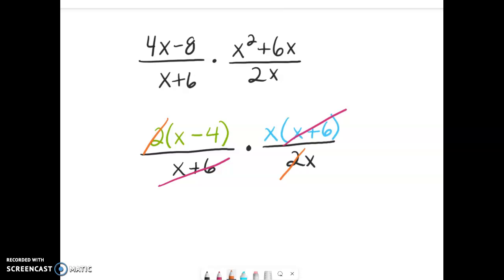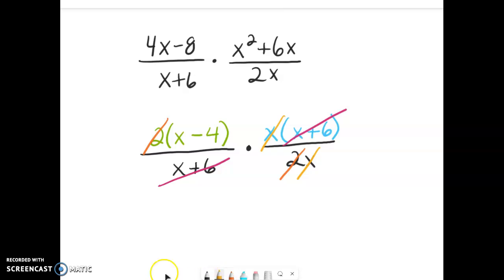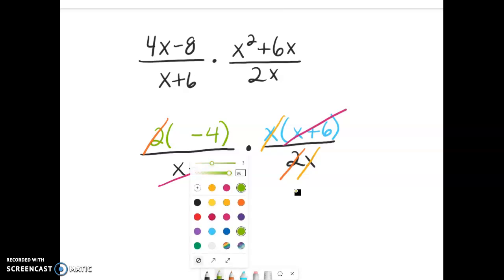And then I have an x here and an x here that would divide out. Oh, I just noticed one thing. When I was doing this factoring, this should have been, I factored out a 4.